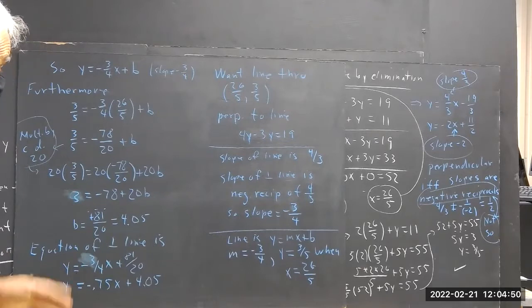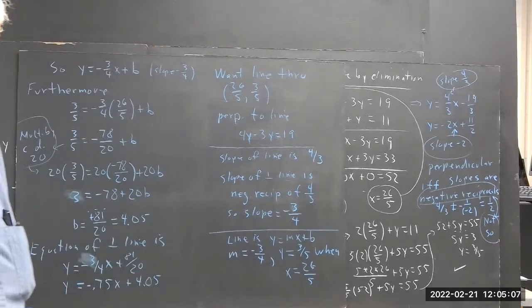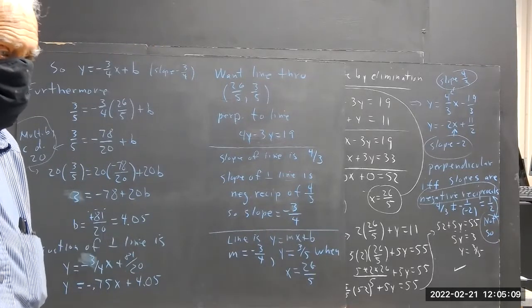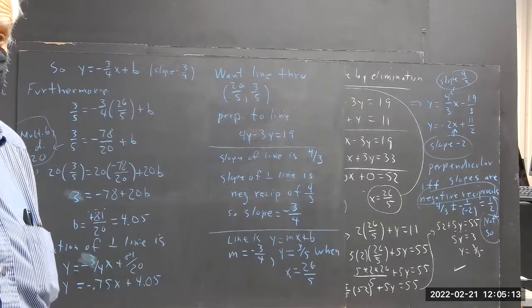Okay. That's the process. Now, if you know how to do that, it's going to be a significant advantage when you take pre-calculus. The last thing you do in pre-calculus is simultaneous linear equations.